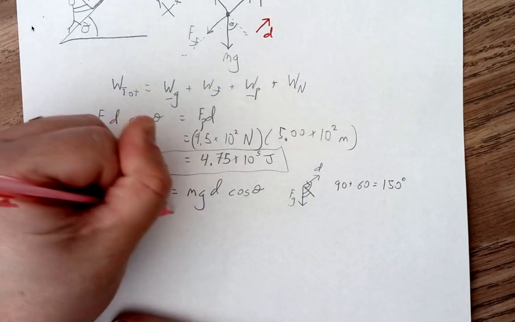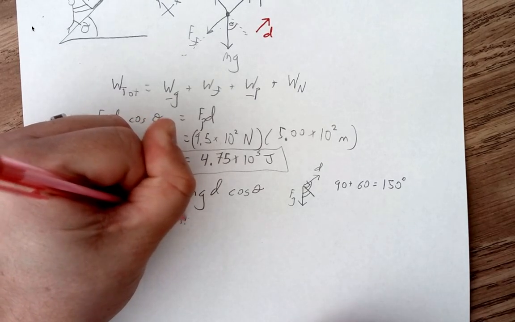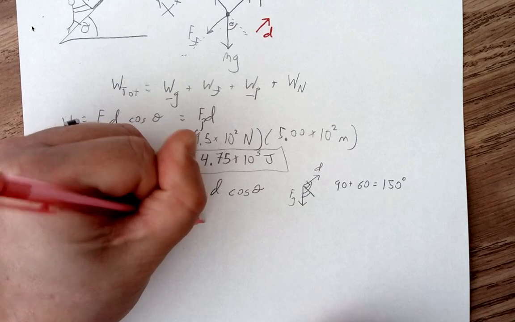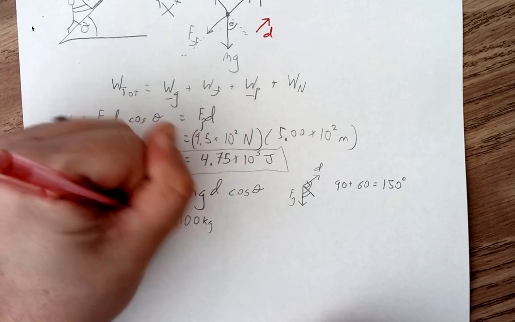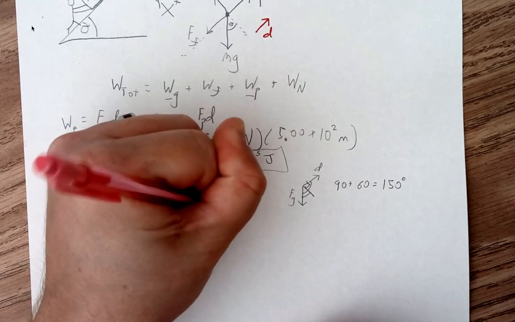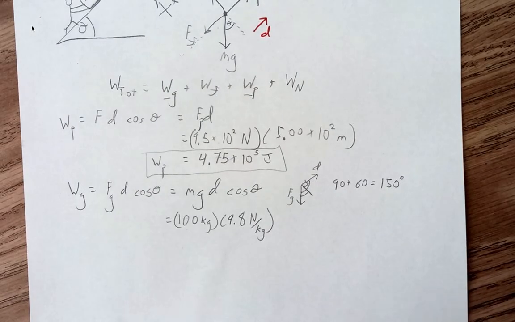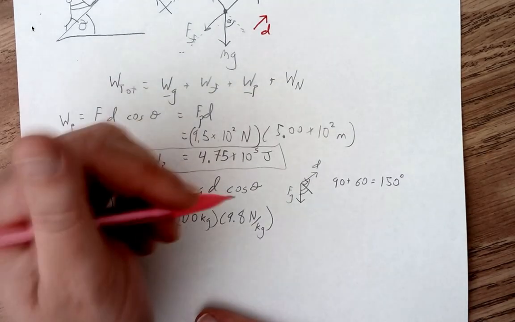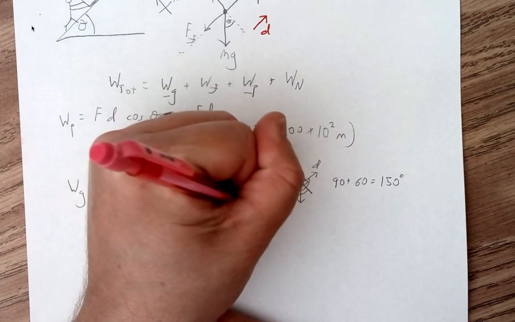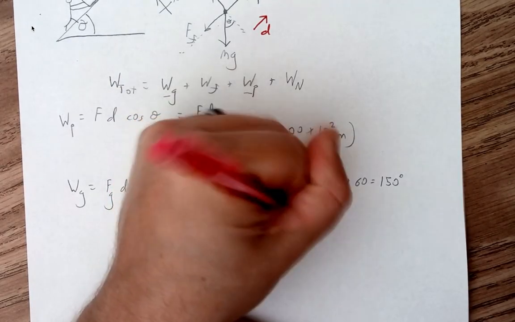So we know the value for the mass. That's 1.0 times 10 to the 2, which is 100 kilograms. I'm going to multiply by g. I'm going to use 9.8 newtons per kilogram. I could also use meters per second squared. And the distance that we were moving was 5 times 10 to the 2, which is 500 meters.